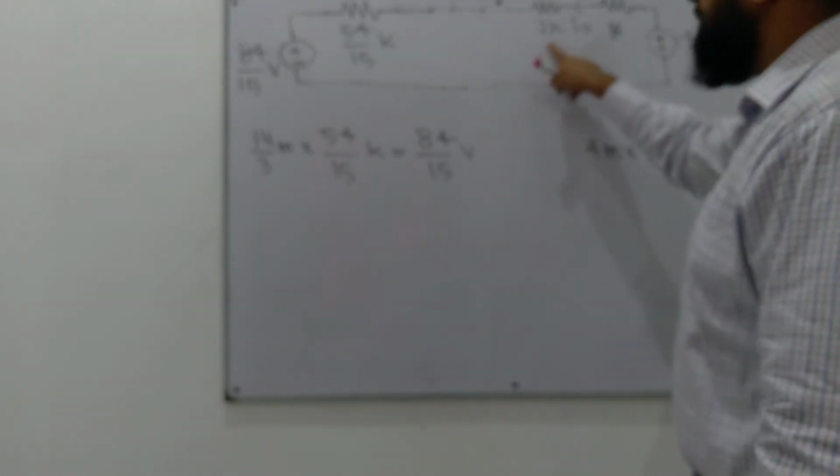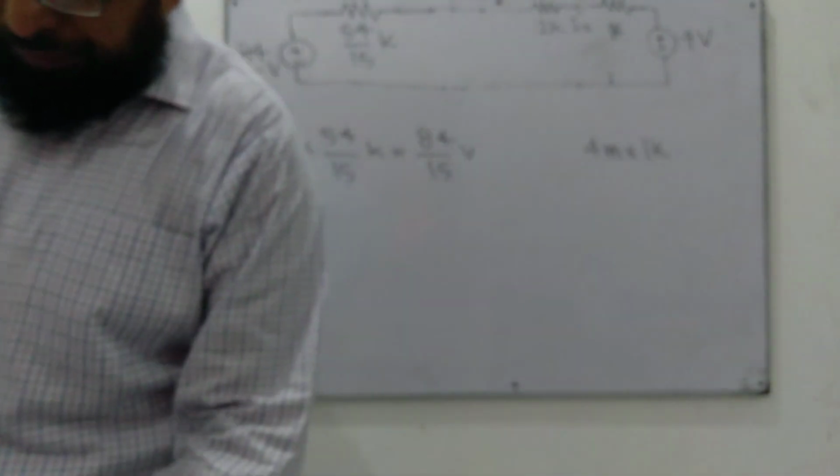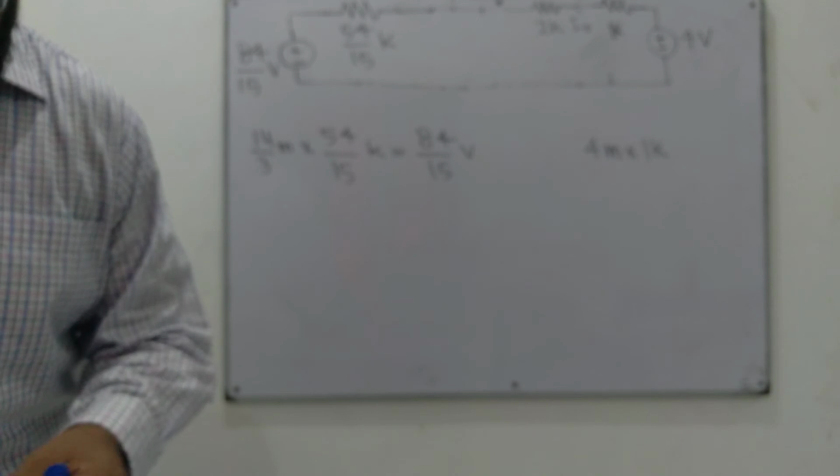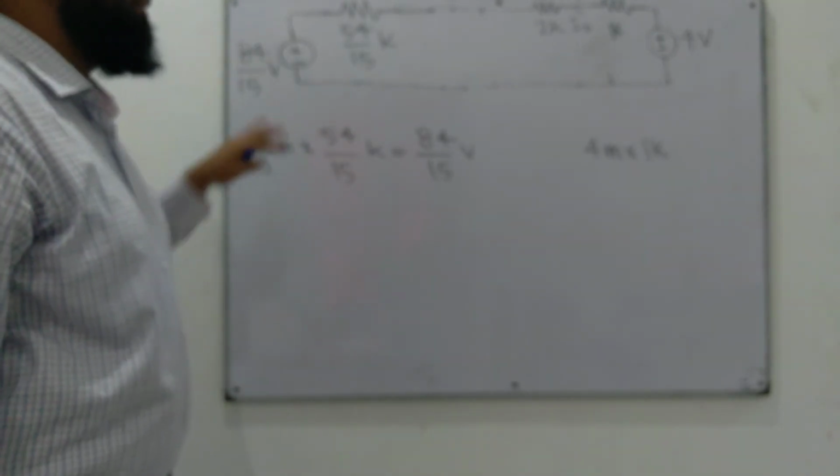Right. So we are interested in the current that flows through this 2K resistor. Since it's only a single loop circuit, the same current flows through every element.